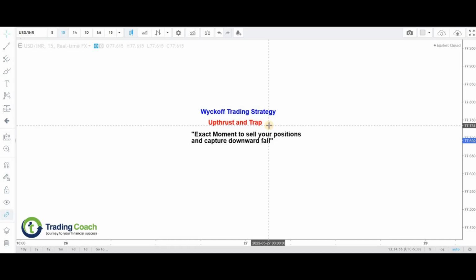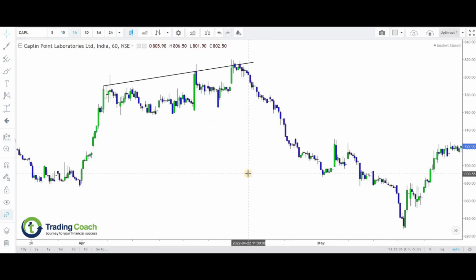Let us look at some examples of the upthrust and trap setup. This is the first chart you are going to see today. This is Kaplan Point Laboratories Limited on the 60 minute, or 1 hour, time frame.